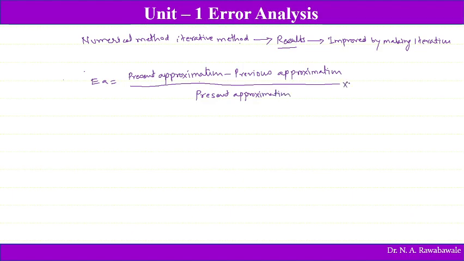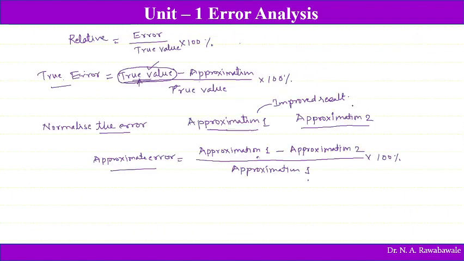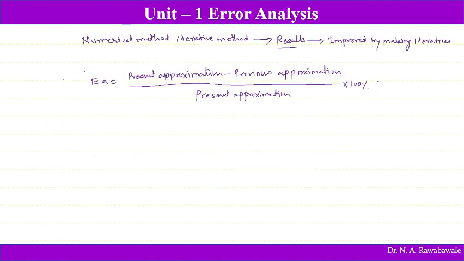Into 100. So this is called the approximate error. We have used two equations here. Say this is equation number 1, that gives us the true relative error, and this is the other equation, equation number 2, which gives us the approximate error.